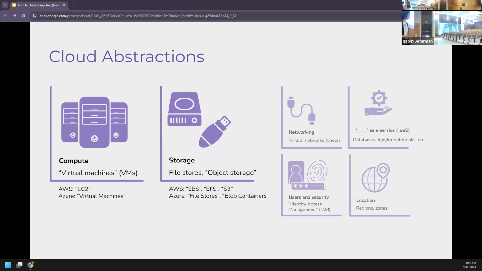So you usually do not have to think about things in terms of creating a new virtual machine or setting up the IAM configuration for your storage.